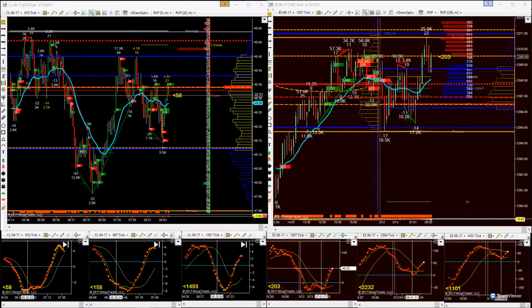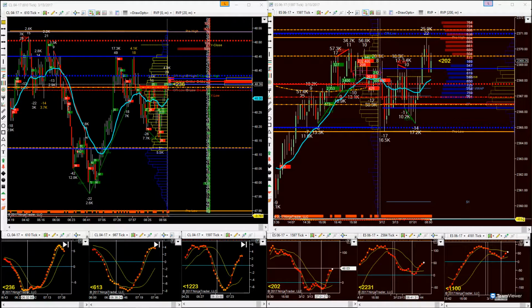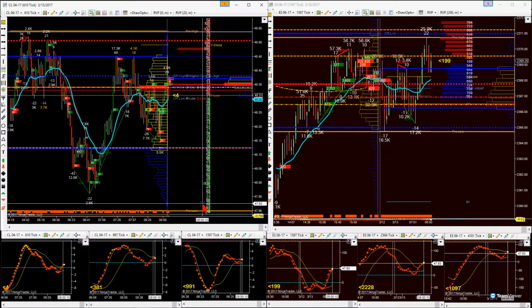Okay, so let's remember we talked about the areas that we're going to be watching for to the downside on oil. 47.50 as one of our extremes, up towards 50.15 as the other. So opening right at overnight VPOC.